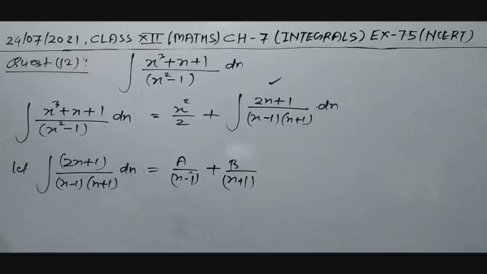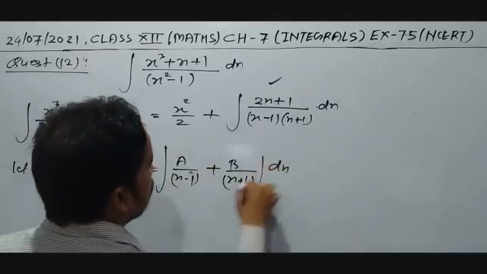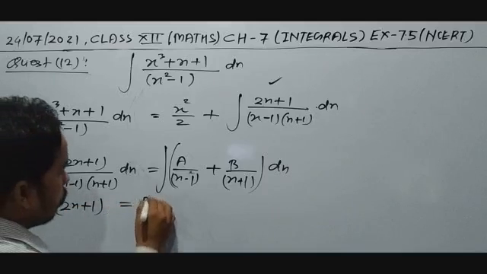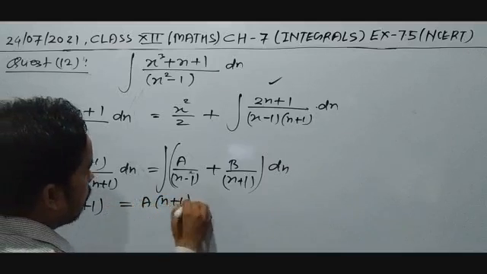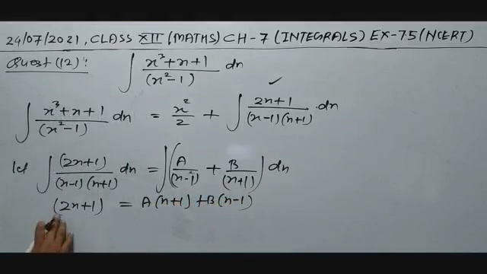Now after taking the LCM, what will be the numerator? Only the numerator for calculation of a and b: the result will be a times (x plus 1) plus b times (x minus 1).